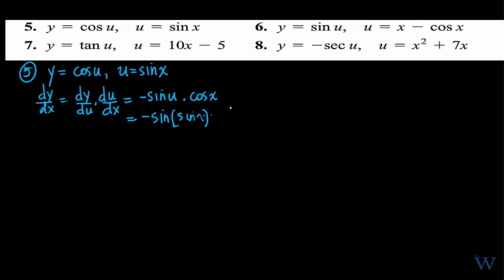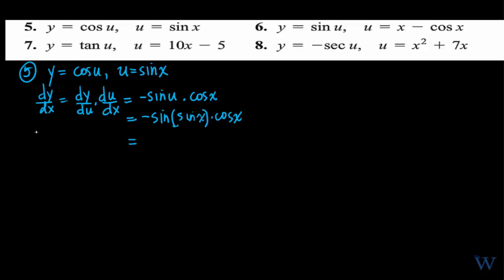The argument of sine is again sine of x and then multiplied by cosine of x, right? So basically, if we want to rewrite that, oh, that's it. You have it. You get the negative of sine of x, because that's what u is, multiplied by cosine of x. That's the derivative of u with respect to x, right?